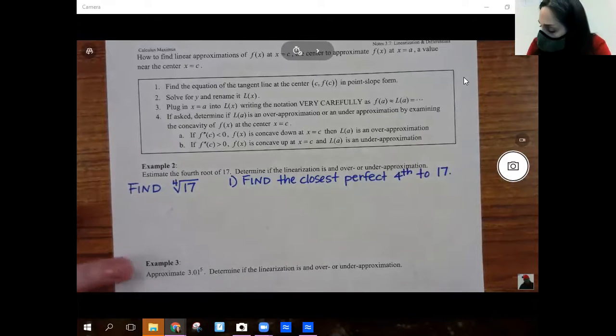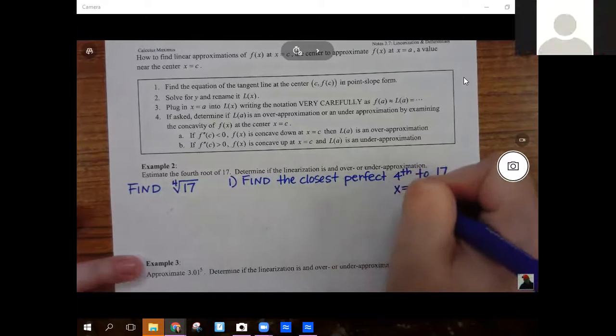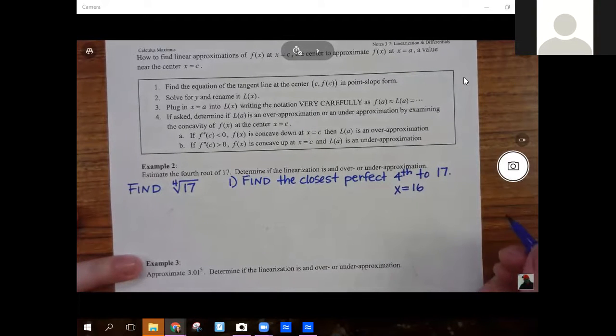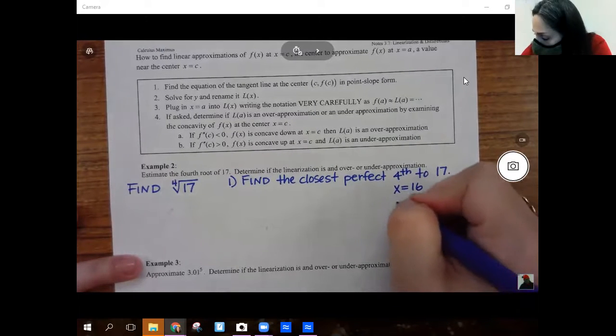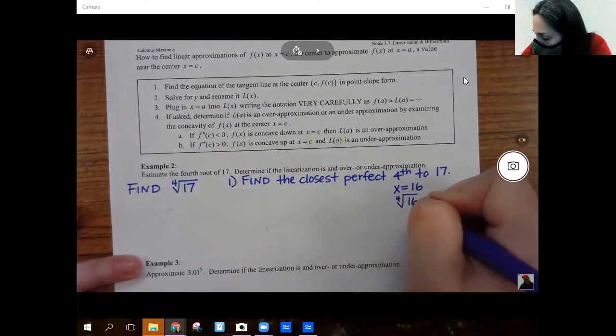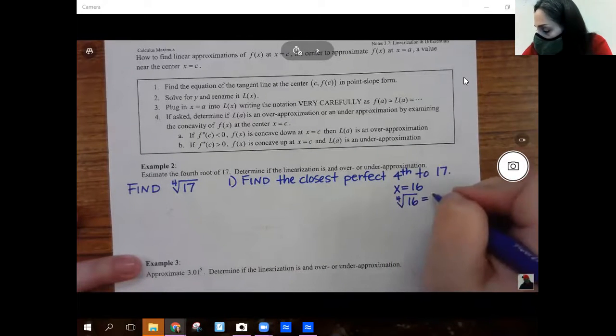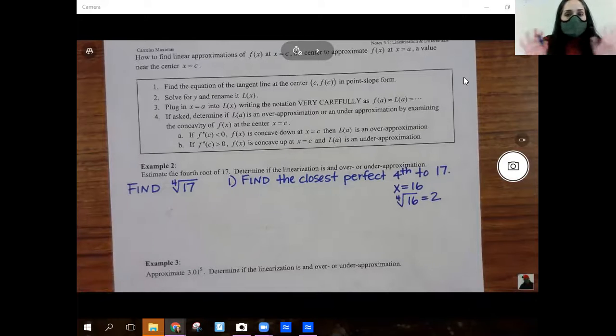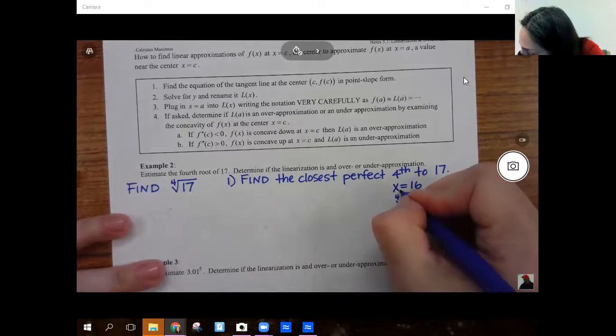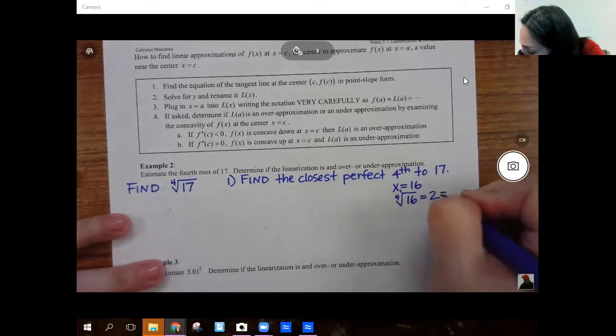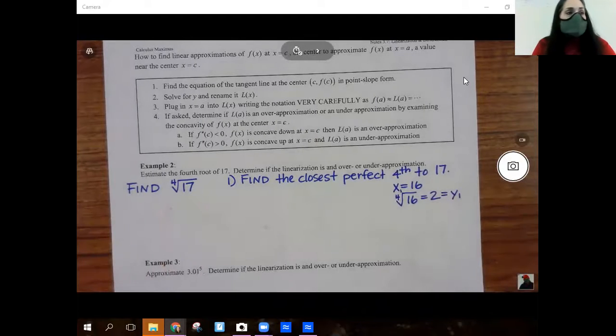Yeah, 16, very good. So that's going to be x equals 16, okay? Because the fourth root of, what is the fourth root of 16? 2, good, all right. So this becomes your x1 and this 2 becomes your y1.